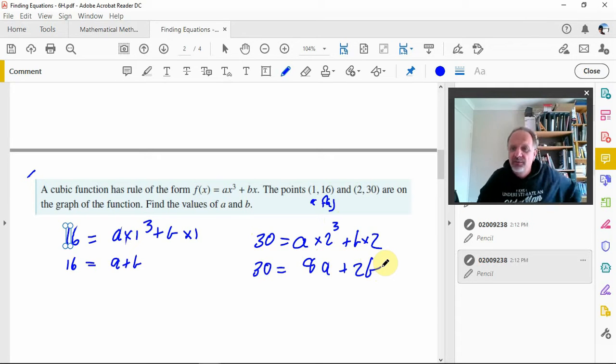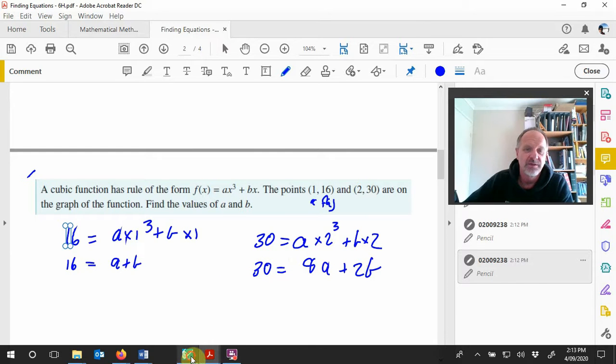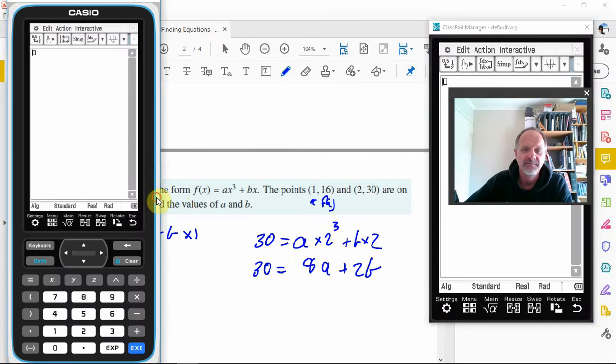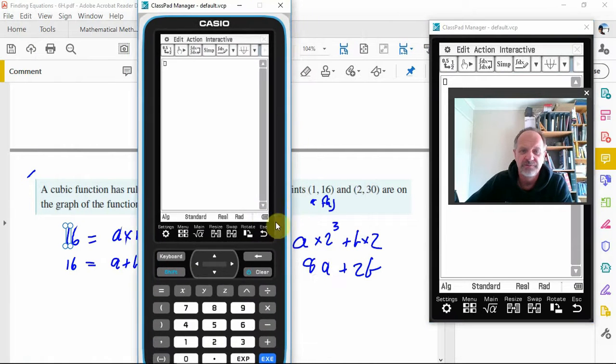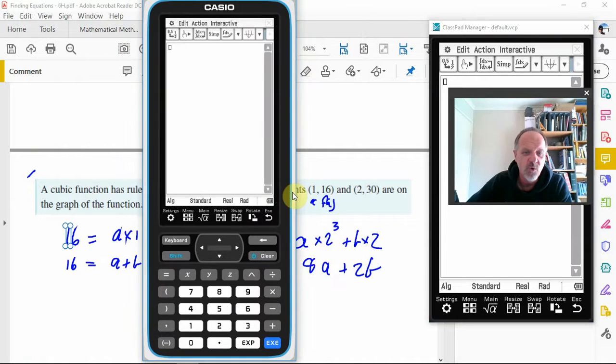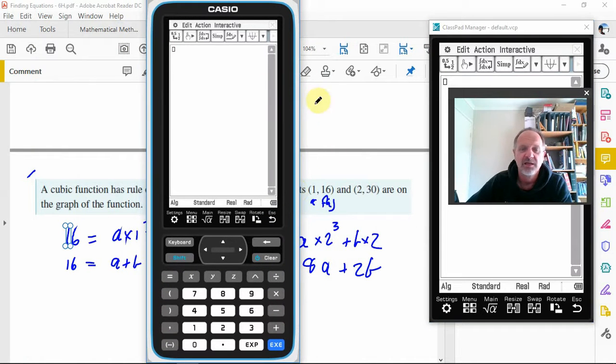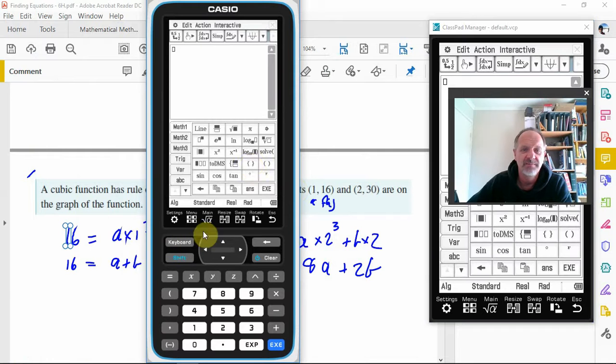All right, now we solve those 2 simultaneously. Because there are only 2, you could be expected to do this by hand. But what I'm going to do is go to the trusty calculator. I'm not sure if I've mentioned this before, but just in case I haven't. On our calculator, if you go to the keyboard, there's this one right here, the bracket with some boxes.